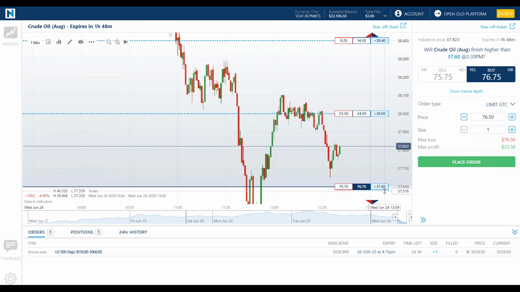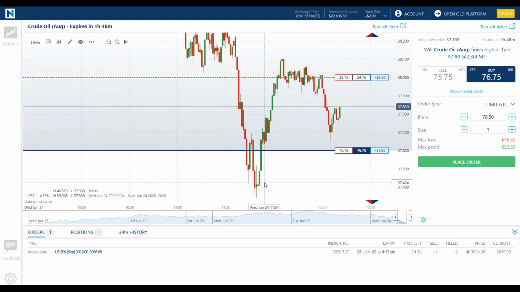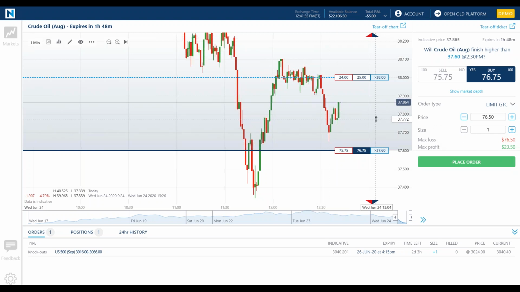But if it settles at 37.60 or lower, and by the way, if I look down, it's actually traded lower than that this week, it will go to zero. So since I'm paying $76.50 if I bought it, that's what I would lose. If I bought it and it stays above and it goes to 100, I could potentially make $23.50.